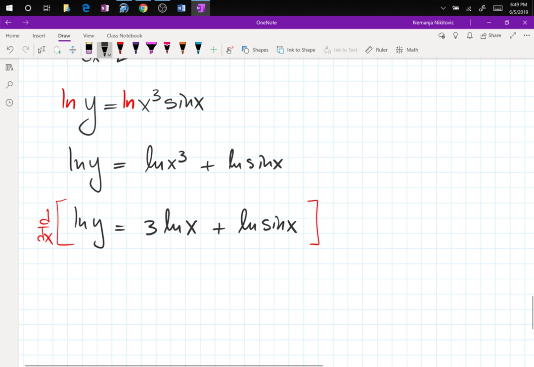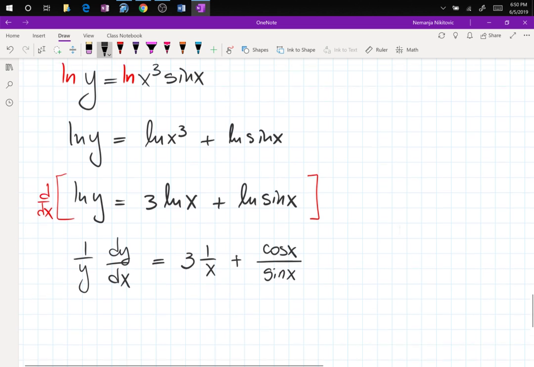What is the derivative of ln y? 1 over y, times dy dx, exactly. On the right-hand side, we copy 3. What's the derivative of ln x? 1 over x. And what's the derivative of ln sine x? You put sine x on the bottom, that's a Control-C, Control-V, and then we put the derivative on top, cosine x.